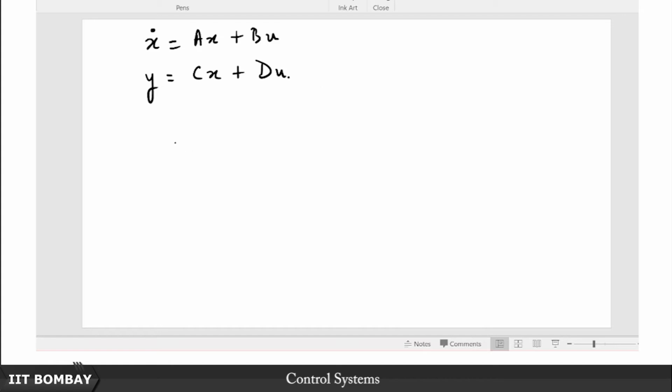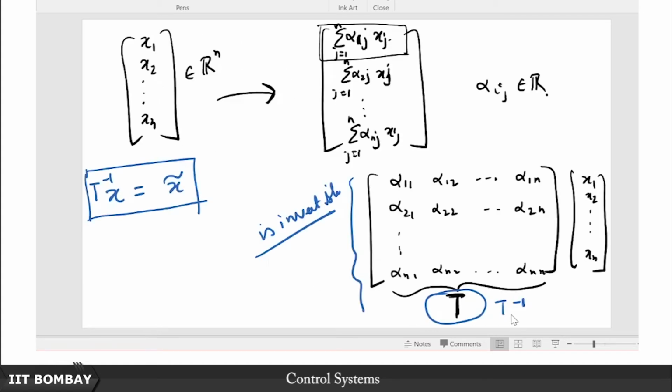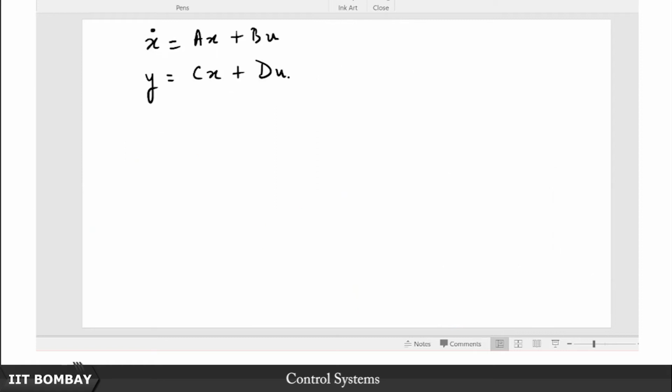And now let us say I call this matrix T inverse instead of T. Why am I calling it T inverse? Because then in one shot it is as if I am saying that not only is this a matrix which transforms this vector x into a new set of vectors x tilde, but also this transformation matrix that is capturing this transformation is invertible. What do I mean by invertible? Again, this will require a little bit of understanding of linear algebra, but not much.